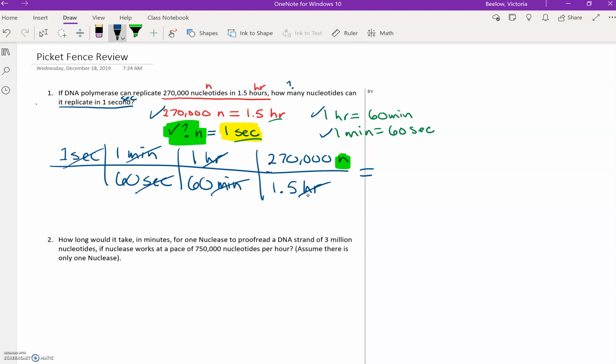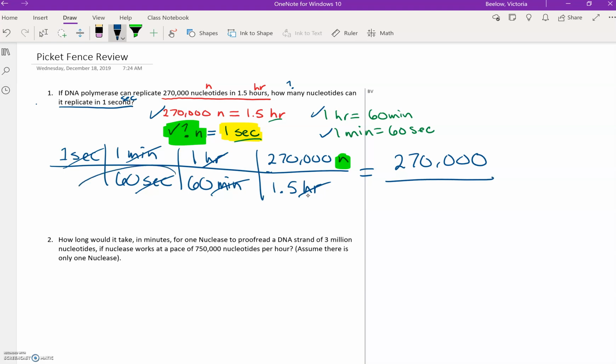The last part is the math, okay? And you just have to be careful with this because of order of operations. So what you're going to do is multiply everything in the top and everything in the bottom and then divide. In the top here, we have 1 times 1 times 1 times 270,000. So that's 270,000.